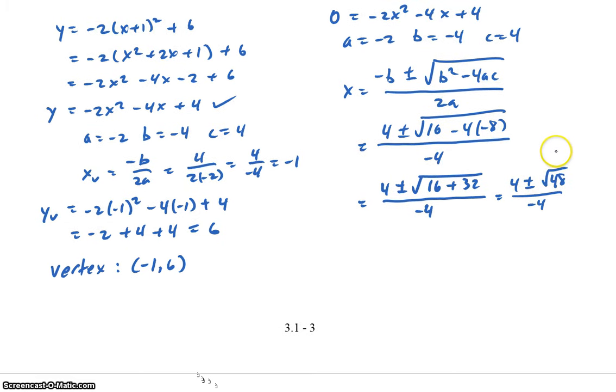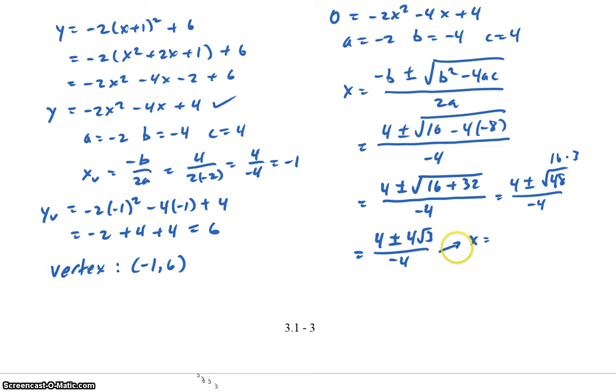Now 48 is 16 times 3, so that would be 4 plus or minus 4 times the square root of 3, bringing out the 16, taking its square root, over negative 4. That gives us two solutions.